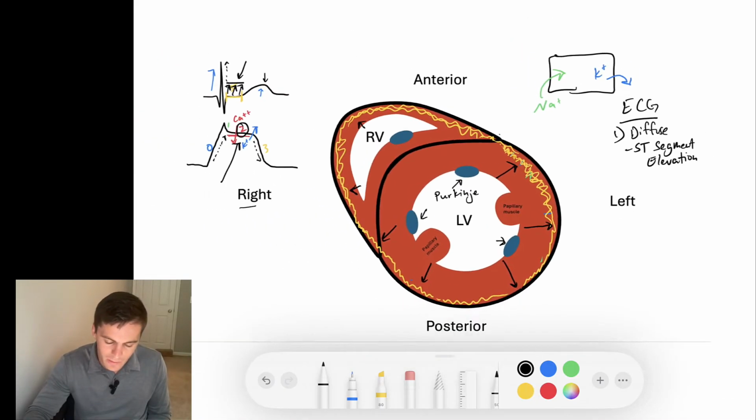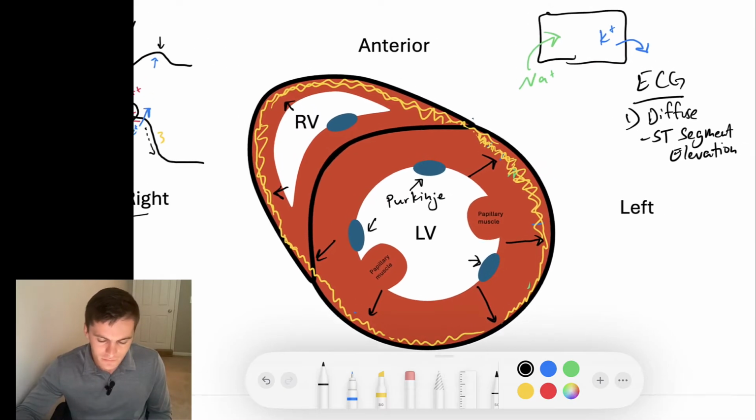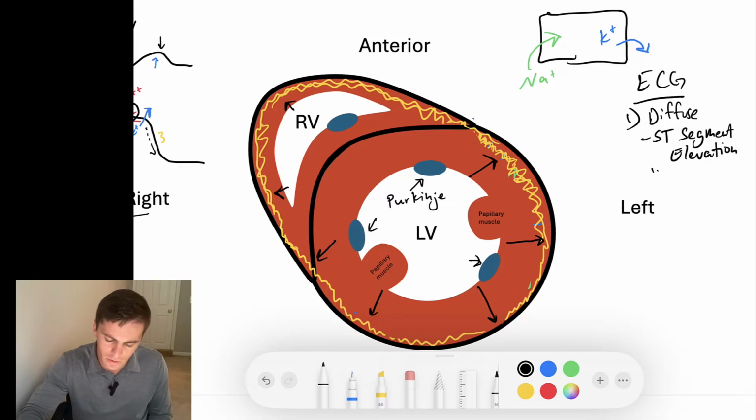Okay. Now, a couple things about this ST segment elevation. It's going to be something that we would call concave, meaning that if I drew my QRS and then my ST segment, and I have to draw it elevated because I'm giving you that example, my ST segment is going to be sloping in that direction. It's kind of concave.